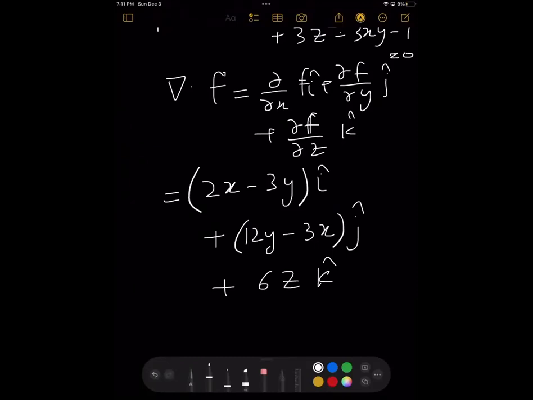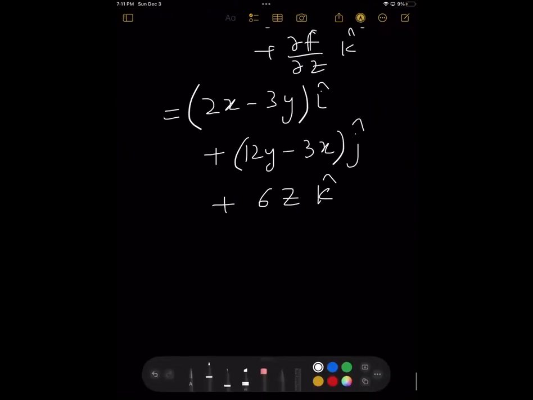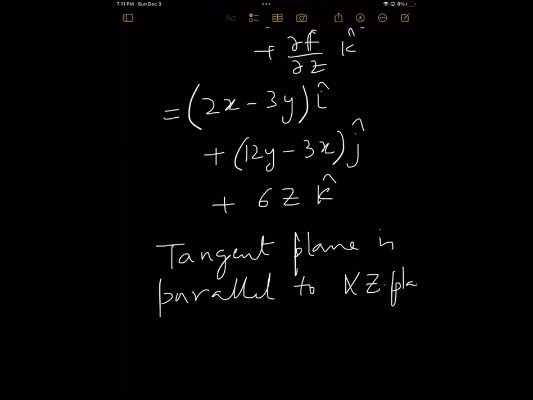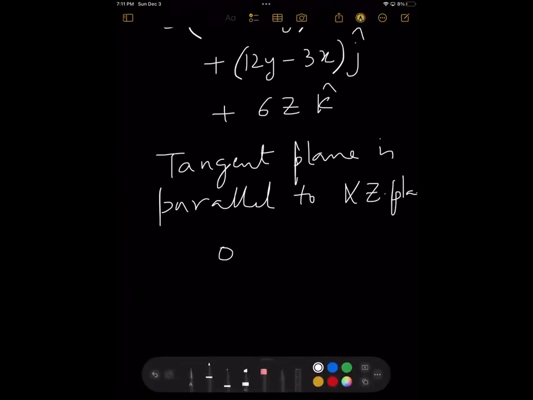Now the tangent plane is parallel to the xz plane. When it is the xz plane, its normal will be along the y-axis. So our vector will be (0, 1, 0), because its normal will be along the y-axis.